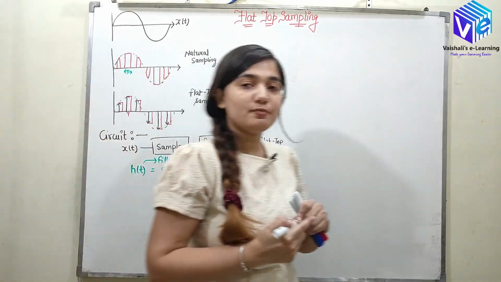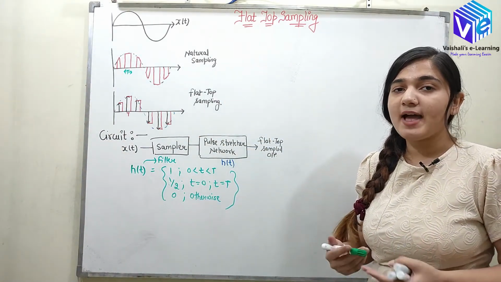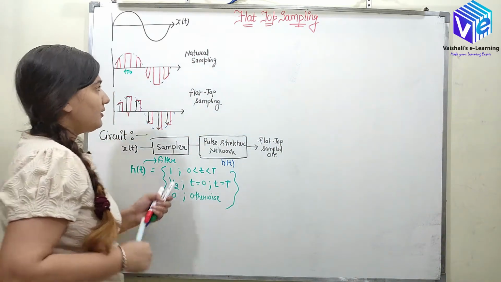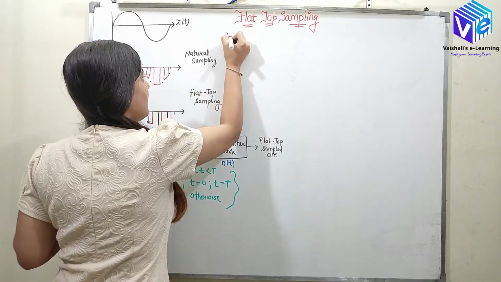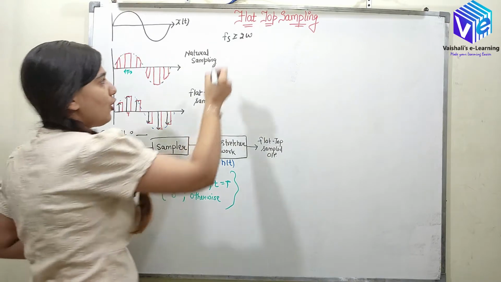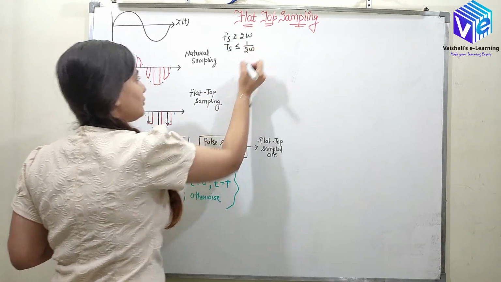I hope there is no confusion about the sampling time. The sampling frequency follows the same Nyquist criterion. I hope you remember Fs is greater than or equal to 2W, or Ts is less than or equal to 1 upon 2W.